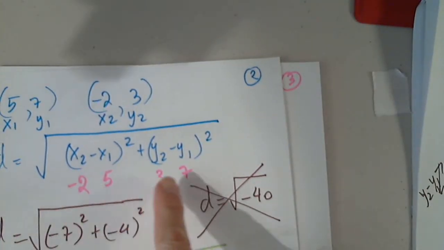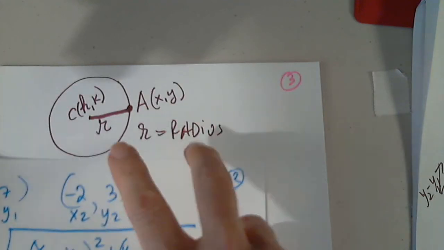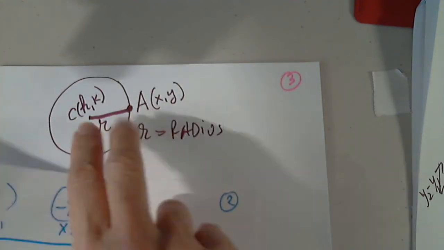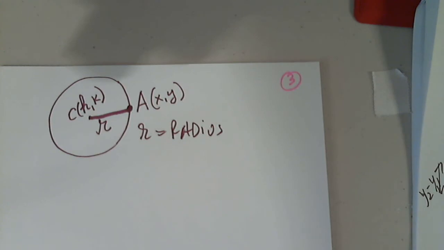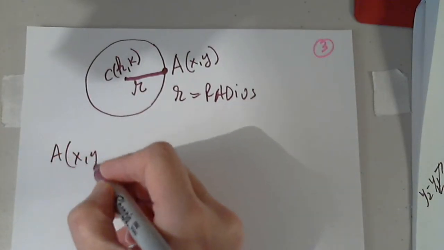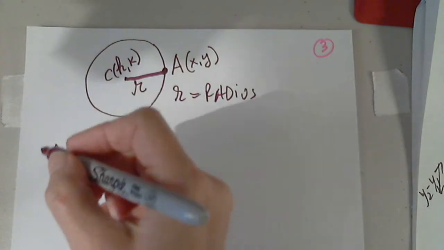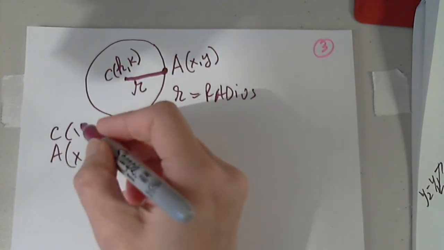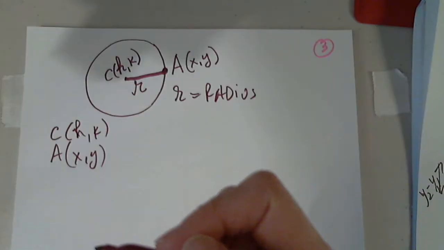Okay, coming back to what we did a minute ago with the distance formula, I'm going to use the distance formula on these 2 points. So I'm going to write them again. A coordinates x comma y, and C coordinates h comma k.